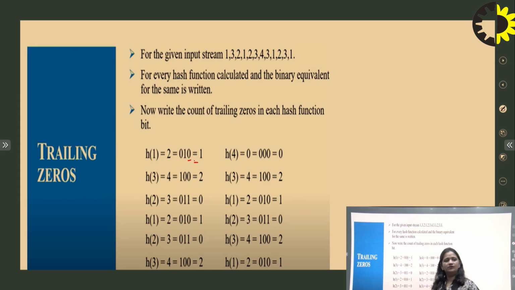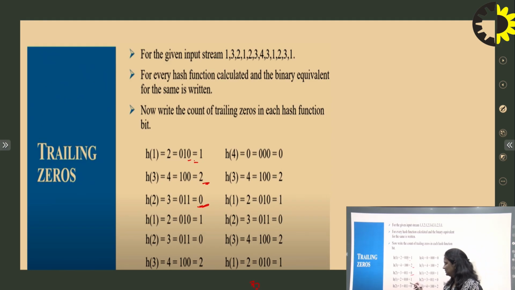For 1, 0, 0, the number of trailing 0, start from the right, count 1, 2. And where do we stop? When the 1 is encountered in the string. So, there are 2 trailing 0 in the second hash function. Start from the right, there is no 0 in this and 1 is encountered. So, here 0 will be the number of trailing 0 in that hash function.